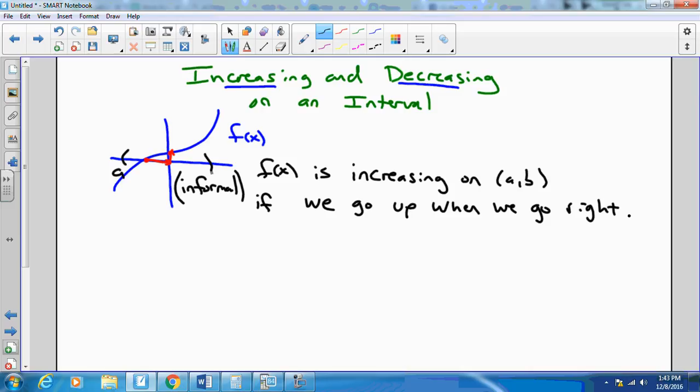What we're looking at is we have an a and a b here, and to say that I am going right means that I'm picking 2 points. So I need to give them names, so let's call them c and d. And I need to observe that f of d is above f of c. Well, we can do that with inequality signs. So this now becomes our formal definition.